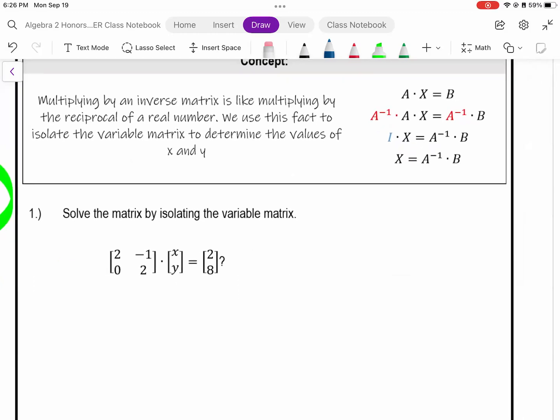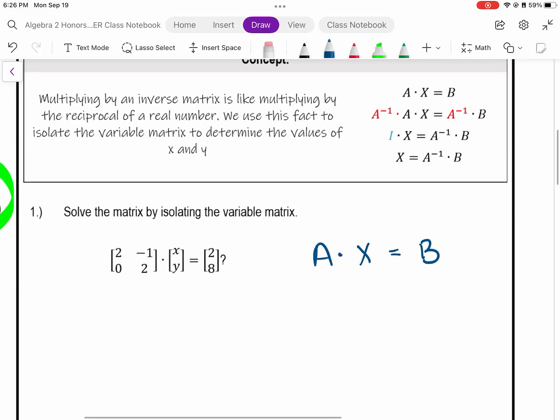So let's just say that you have a matrix A, and that is being multiplied by matrix X, which represents the variable matrix, and is equal to another matrix.